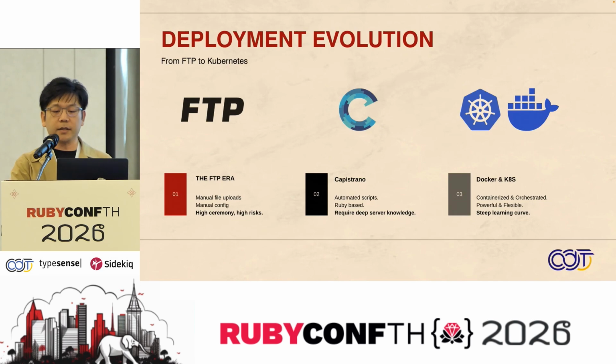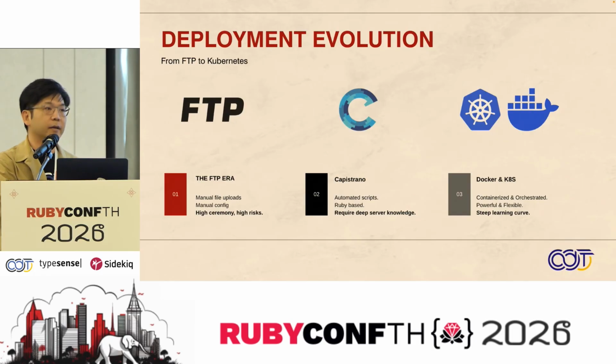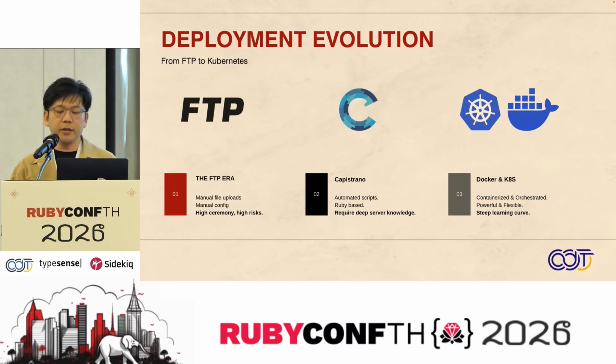This gives us great horizontal scaling and built-in primitives for rolling updates, health checks, self-healing, and auto-scaling. That's a natural fit for this architecture, right? Cell-based architecture: you can map each cell to a namespace or cluster, define resource limits per cell, and use the platform routing layer to send traffic to the right cell.